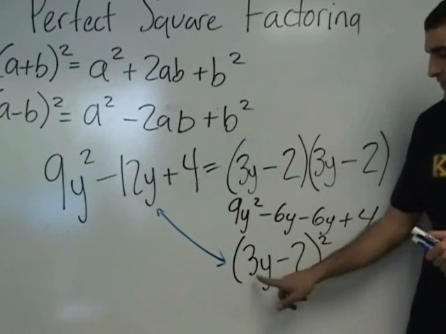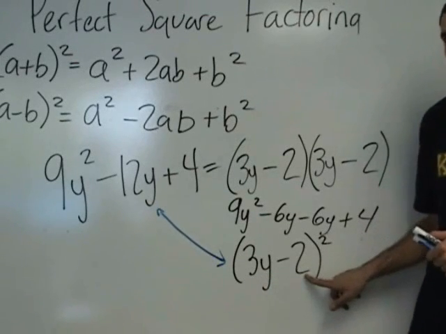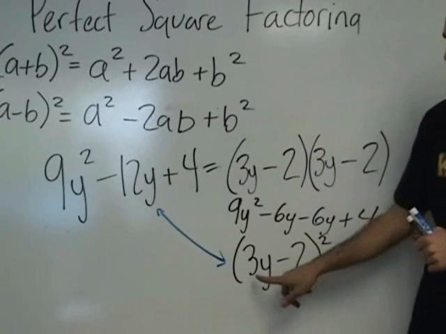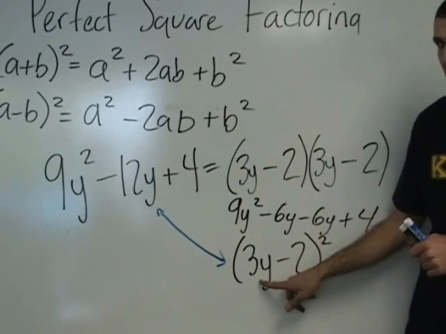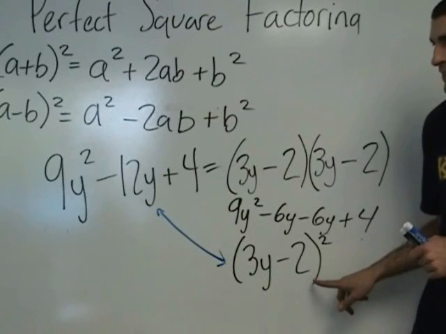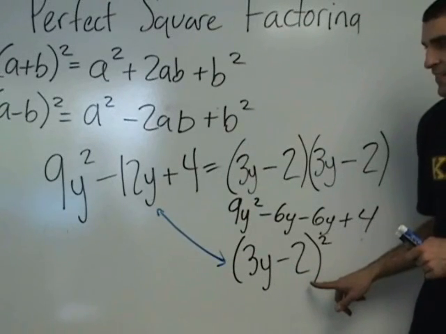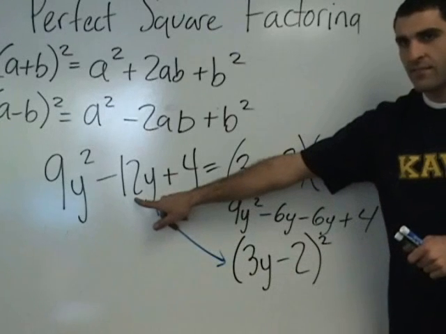So it's 2 times this times this. So 2 times 3y is what? 6y. And 6y times negative 2 is what? Negative 12y.